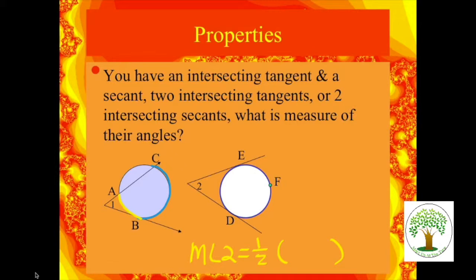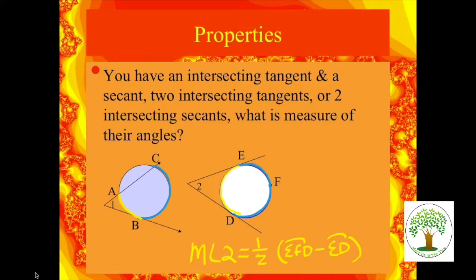Which one's the bigger arc? EFD, minus ED. Notice I have to have 3 letters when it's a major arc. I have EFD, and minus ED. Scoot this over so I have room.